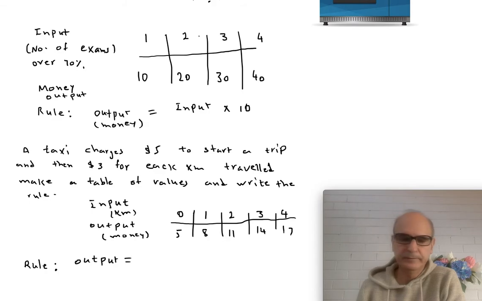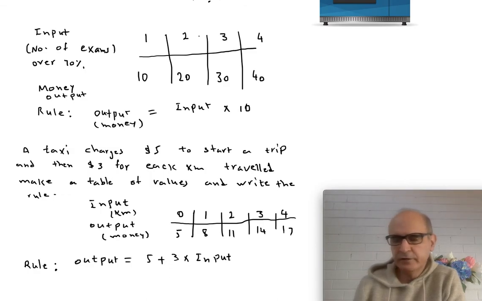And so on. One way is just simply to guess it: 5 plus 3 times the kilometers that you have traveled, which is the input. And it's not much of guessing because it's coming from here also. You have to pay $5 regardless, plus $3 times whatever you travel.